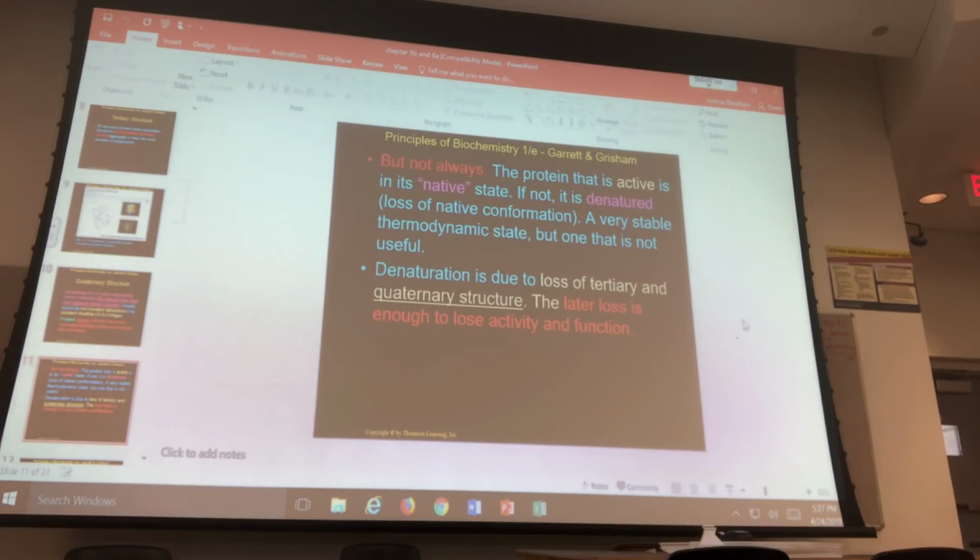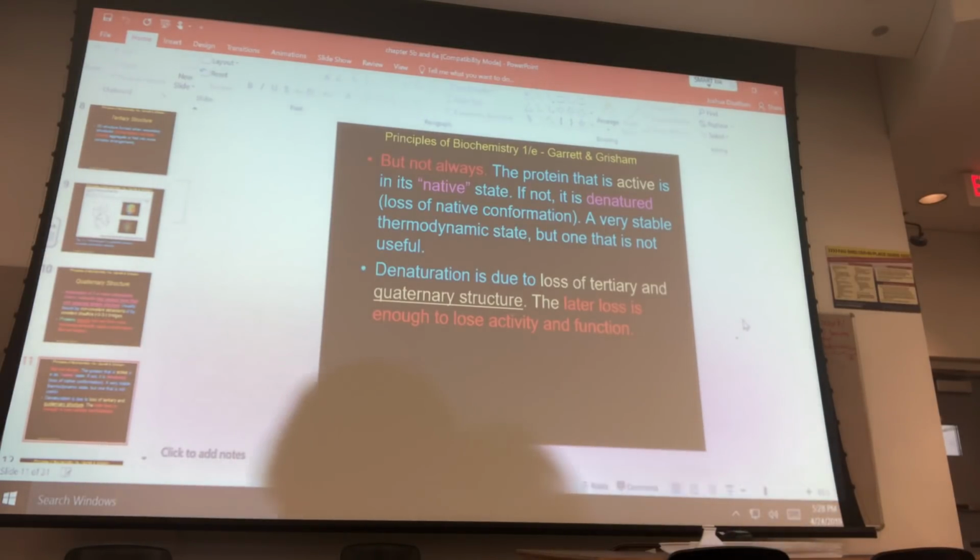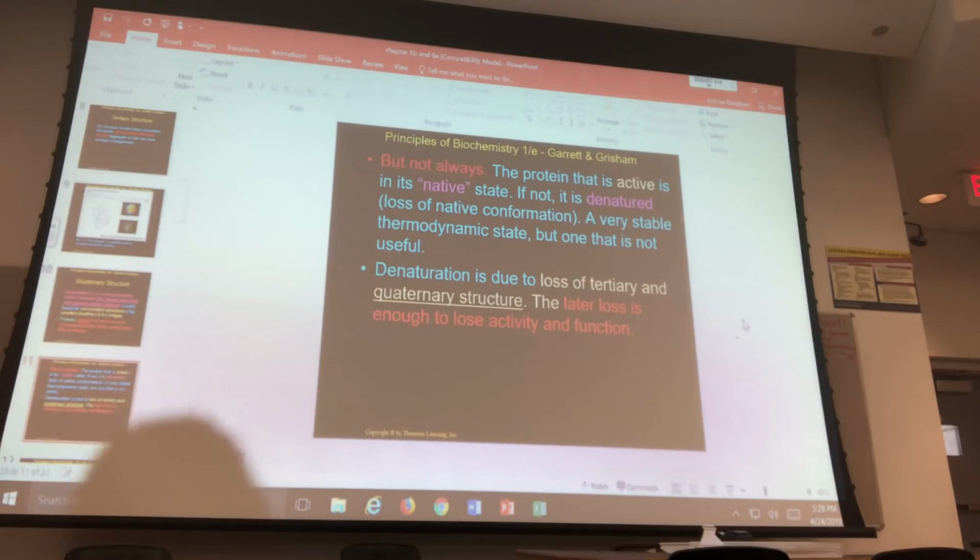For proteins, to oversimplify, we separate proteins and amino acid sequences based off their charges. So you may get a gel where they label what side of the gel is the positively charged side and what side of the gel is negatively charged. And you will get lines on that gel, and you have to figure out which lines represent an acidic amino acid, which line represents a basic amino acid.